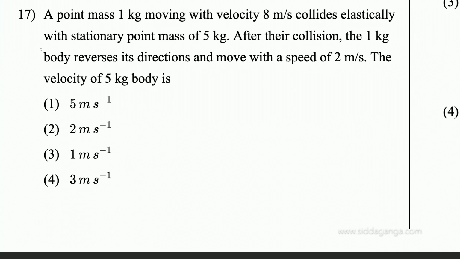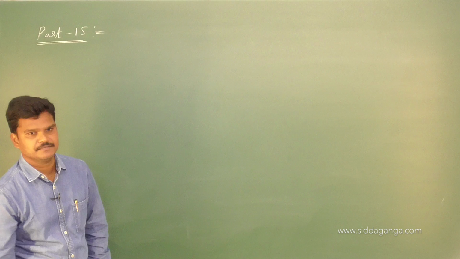A point mass 1 kg moving with velocity 8 meter per second collides elastically with a stationary point mass of 5 kg. After their collision, the 1 kg body reverses its direction and moves with a speed of 2 meter per second. The velocity of the 5 kg is?